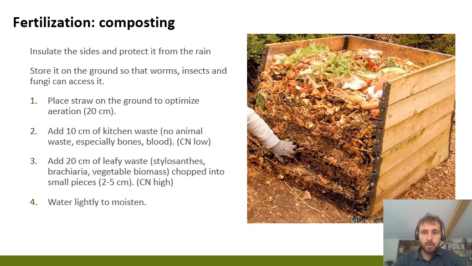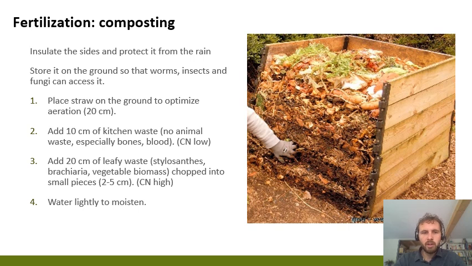Then you have composting, so you can compost different things. Here we will just talk about vegetable waste composting. You should always have it on the ground in order to have the insects and microorganisms get into the compost to decompose your wastes. Then you make a kind of sandwich.